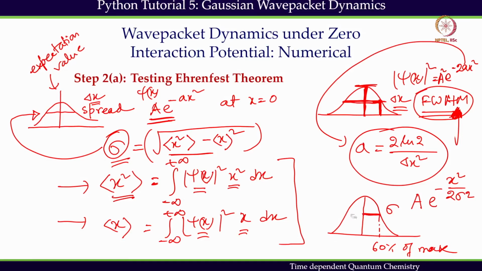This is the half width at about 60% of the maximum. So, maximum is here, 60% of the maximum is here. Full width half max is somewhere here. So, this is delta x.